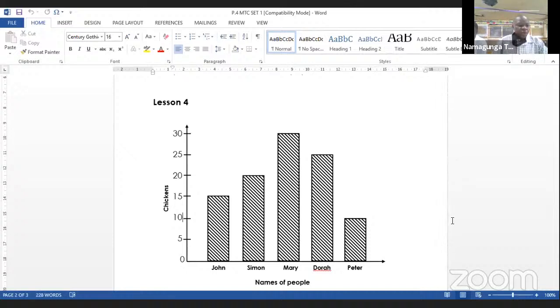We are given John 15, Simon 20, Mary 30, Dora 25, Peter 10. And using the scale which says one small square represents 5 chickens. That means on your vertical axis, what is supposed to be there is the number of chickens. And on the horizontal, we have to have names of pupils.